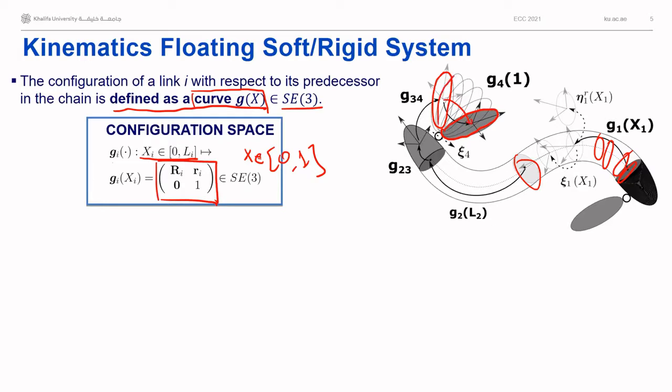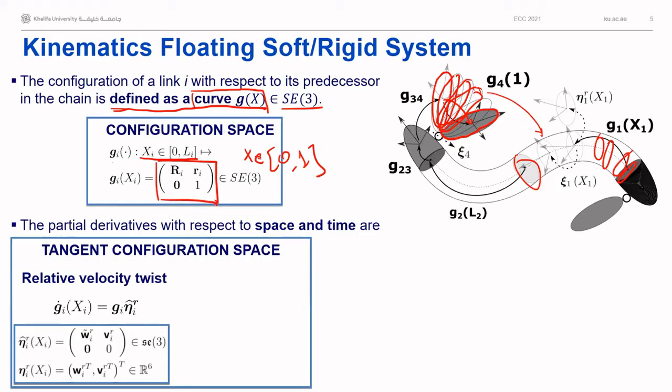And so you can imagine this set of virtual rigid bodies that have the same role as the cross-section. Of course, those are virtual bodies, they don't participate in the energy, but geometrically it's useful to consider this because it makes this definition of the configuration valid for every link in the system, rigid or soft.